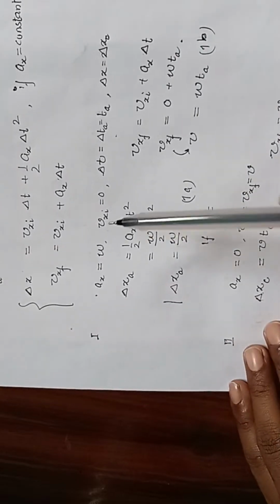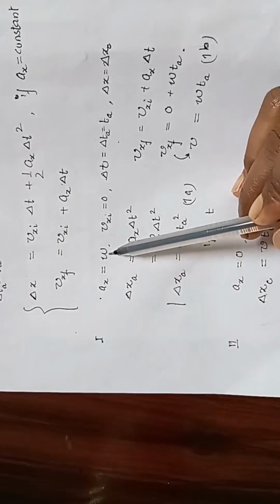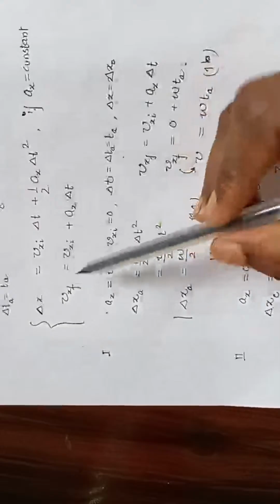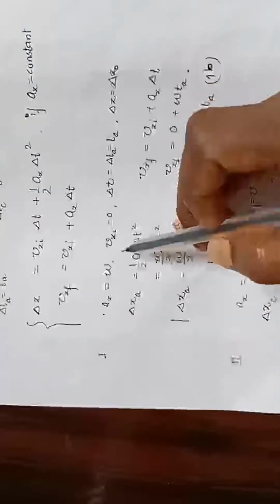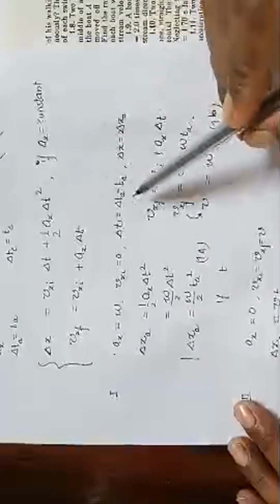Now in the first case, if acceleration a_x is taken as plus w, this is the acceleration w. This is the initial x component of velocity, which is taken as 0 because the car is moving from rest, and this is the time interval.